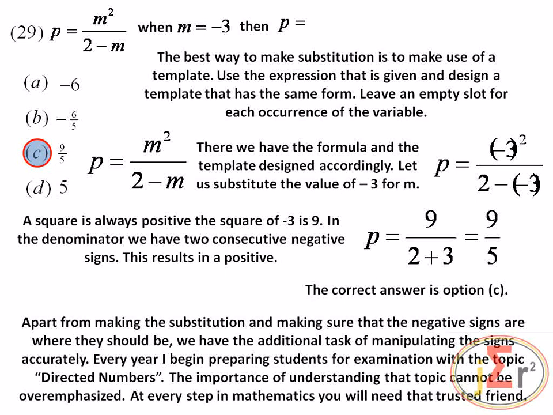So apart from making the substitution, the negative signs are to be manipulated accurately. That is a challenge of the problem. And when I'm preparing students for CXC CSEC examination, I always begin by manipulating positive and negative numbers.